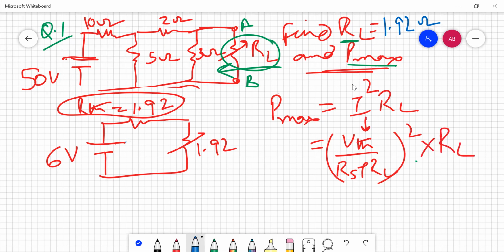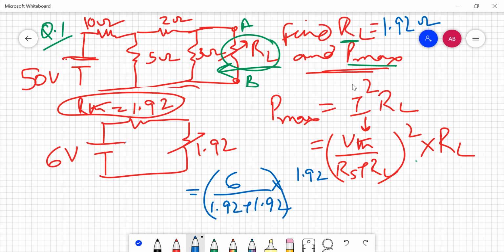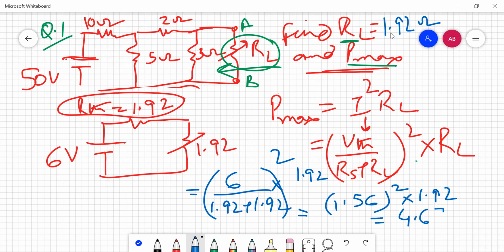So this gives me 6 divided by 1.92 plus 1.92, and this whole thing's square, multiplied by 1.92. Calculating this, it gives me 1.56 the whole square multiplied by 1.92, that comes out to be 4.67 watts as the value of maximum power.